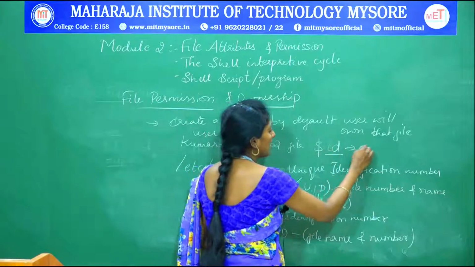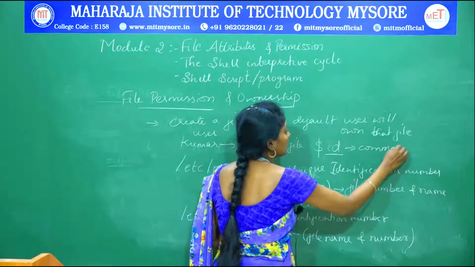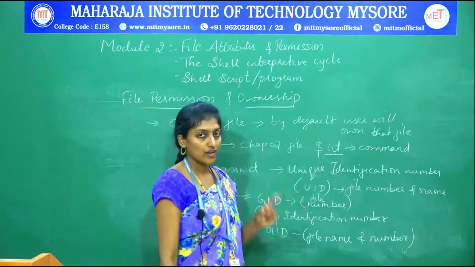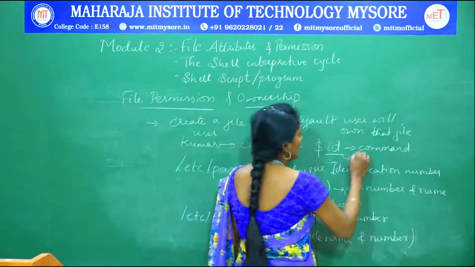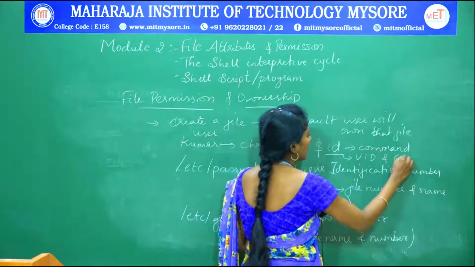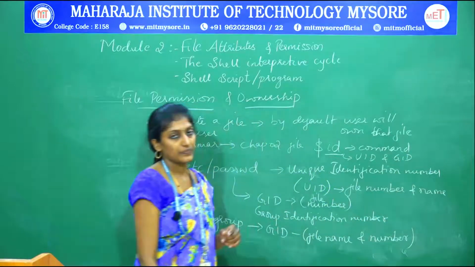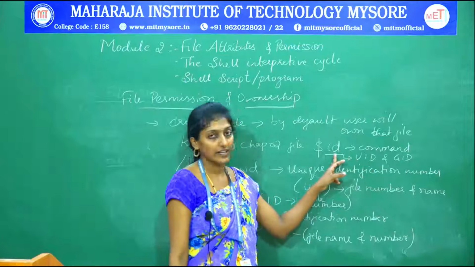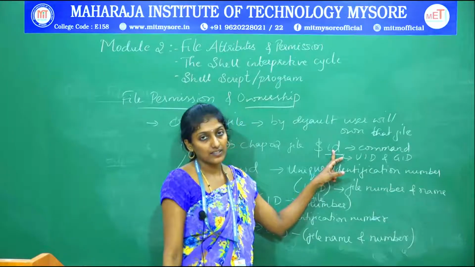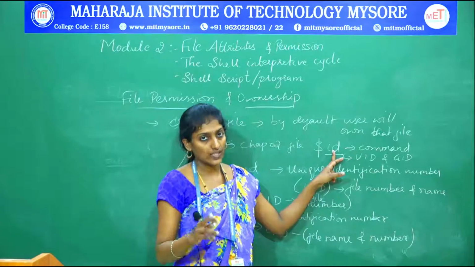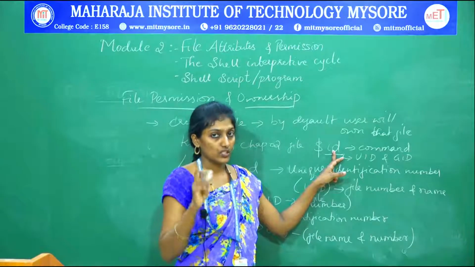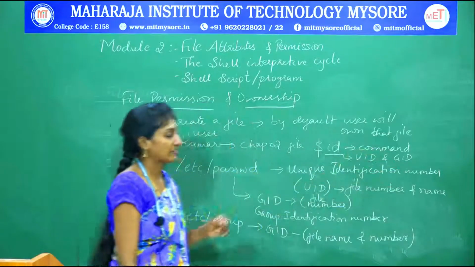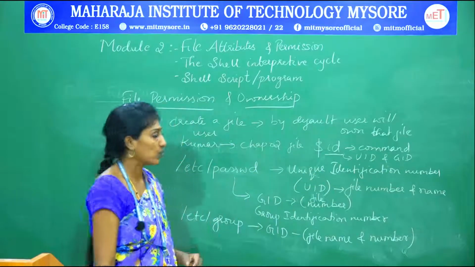The id command is used for displaying the UID and GID, that is the unique identification number and the group identification number. So this is what the id command does.